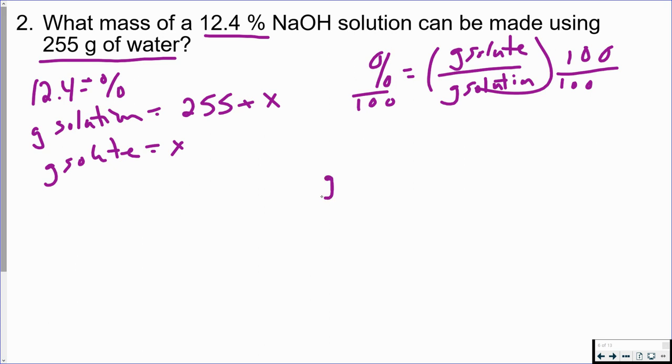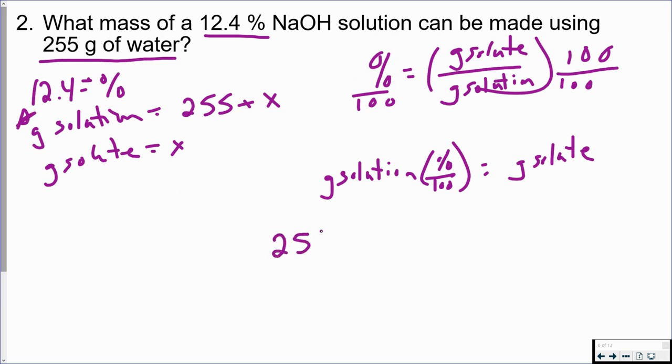So you really get grams solution times percentage over 100 equals grams solute. Well, now we're going to substitute this in, giving us 255 plus x times that percentage over 100 equals x.